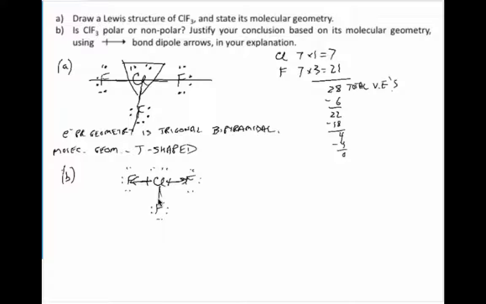However, this one right here does not cancel out with these pairs of electrons. You have a greater electron density over here. So the actual dipole is negative going in the downward direction. So the overall dipole points down in this case.